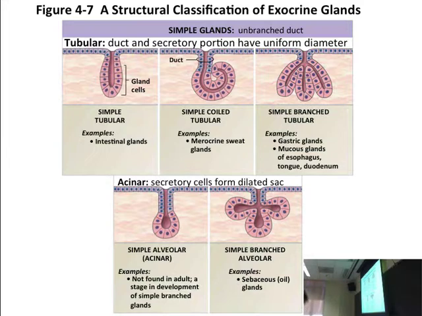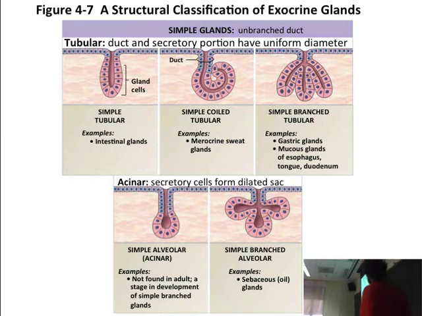Into ducts that lead out onto the skin, into ducts that lead out into the lumen of your gut, which is kind of like the outside of your body, even though it's totally inside your body, right? You're a tube. And endocrine are releasing into the interstitium, which is genuinely in the body. Okay? That goes then into your blood. You cannot get from an endocrine secretion to the outside world.